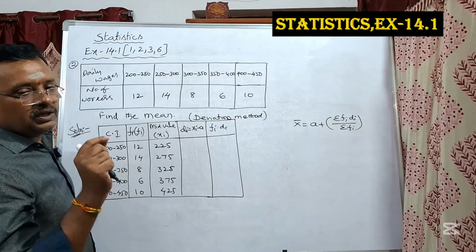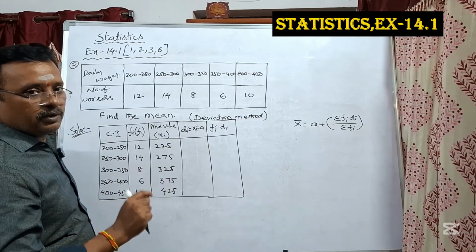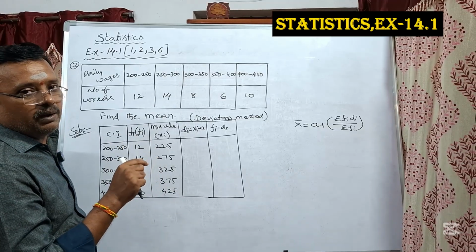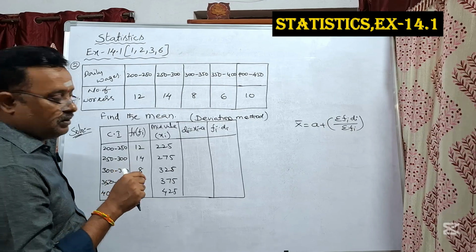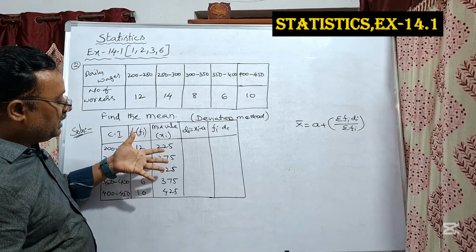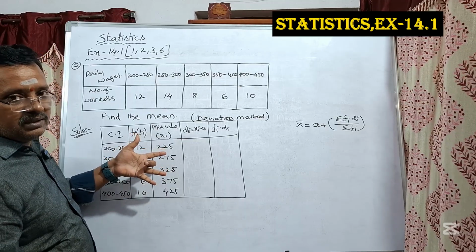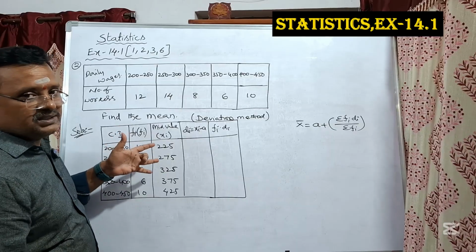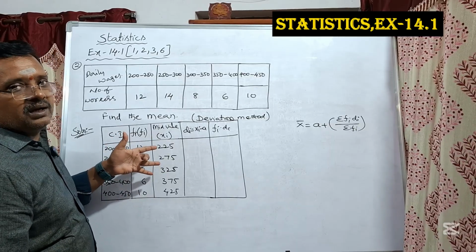But the user-friendly, student-friendly process is to try to pick the middle one so that the problem becomes easy to solve. How many observations are there here? 5. So the middle one exactly we will get, and you can take that one. It's not a rule, it is for our convenience.